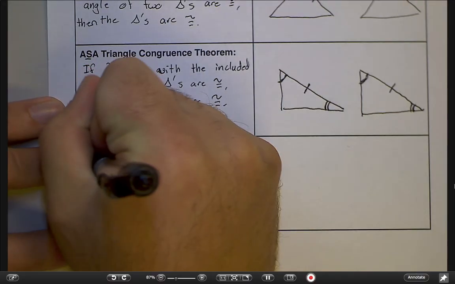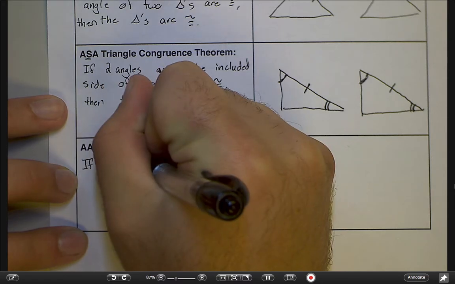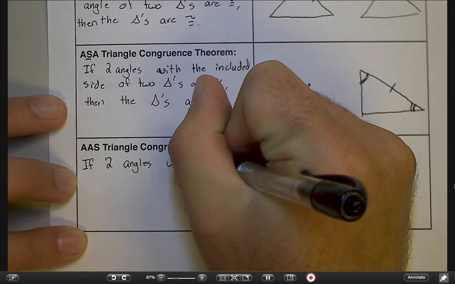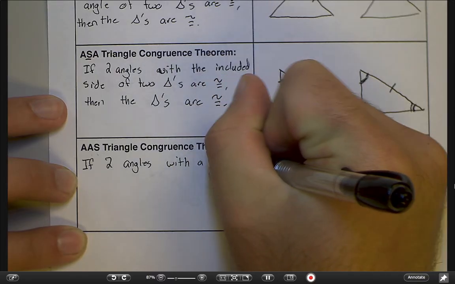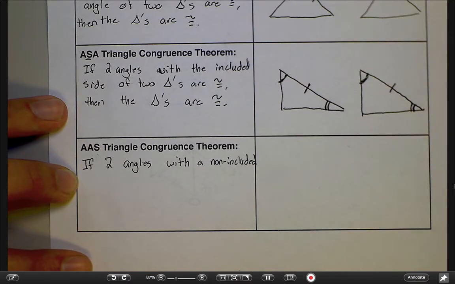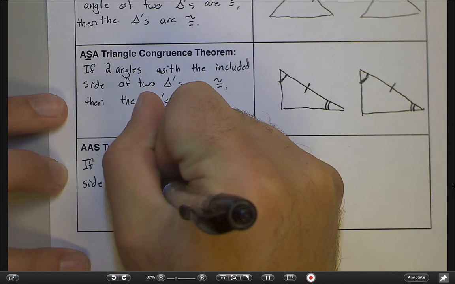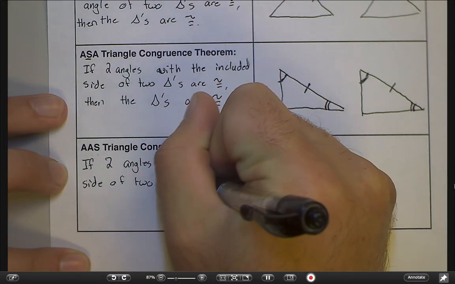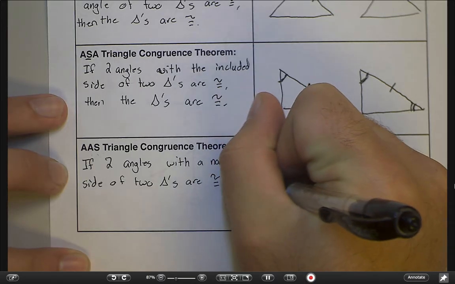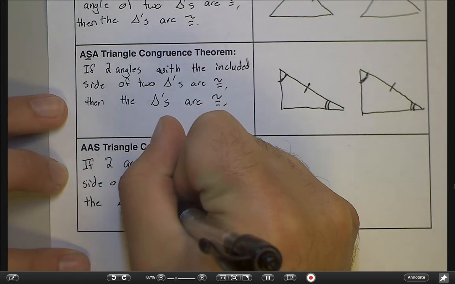So let's go ahead and start with angle, angle, side, which says that if two angles with a non-included side, which is the opposite of included, meaning it's now not between the two angles, of two triangles are congruent, then the triangles are congruent.